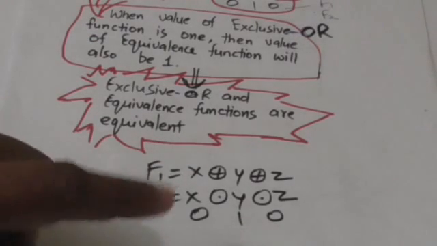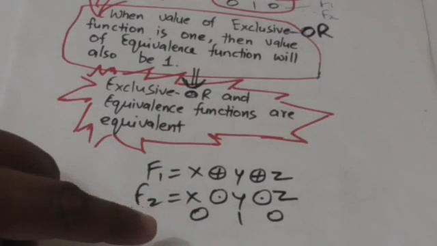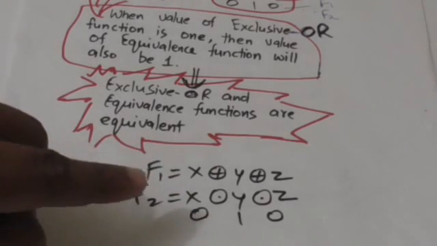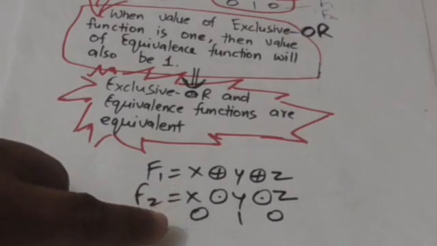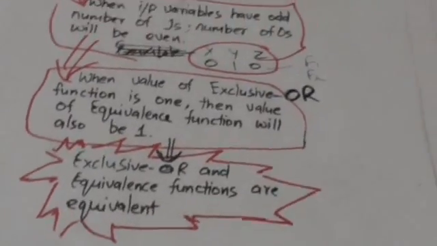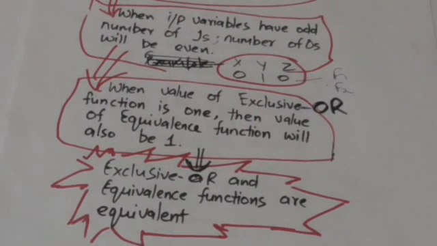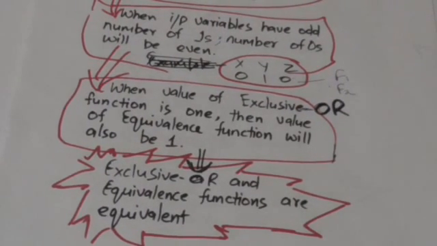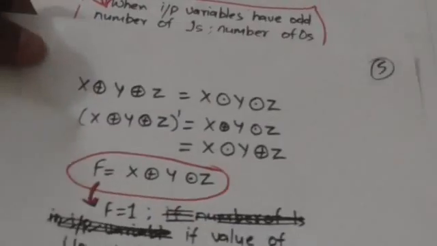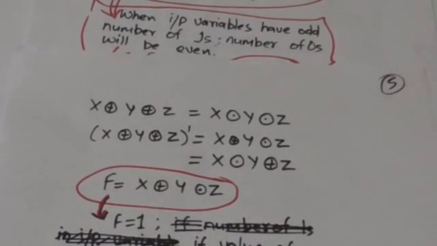For the same combination, the equivalence function of x, y and z will have value 1 because it has an even number of zeros. So it means exclusive OR and equivalence functions are equivalent if the number of input variables is odd. So x XOR y XOR z is equal to x equivalence y equivalence z.